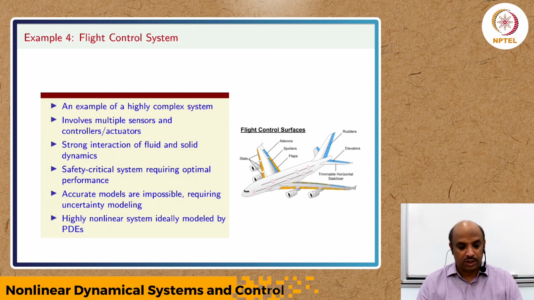Everything becomes important, and there's not a single system there, but a combination of many systems. You have fluid mechanics, solid mechanics, propulsion systems. The entire thing is controlled these days by computers and a lot of electronics. It's a highly complex system and quite an important system for anybody who learns controls.